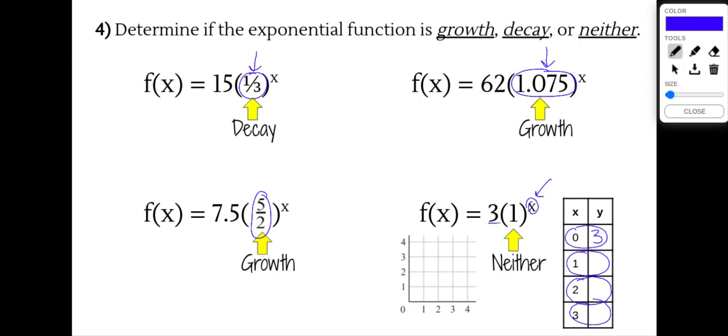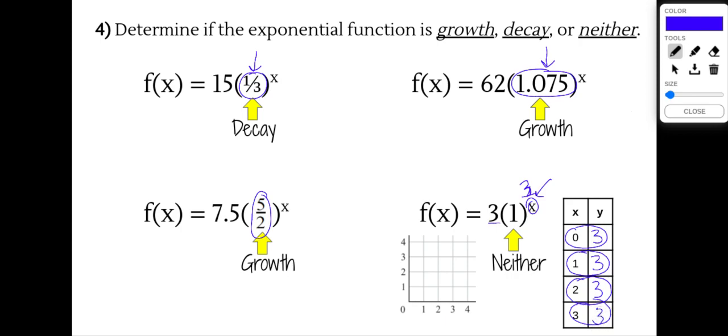If I plug in 1 as the exponent, 1 to the first power is still 1 times 3 is still 3. If I plug in 2 as the exponent, 1 to the second power is still 1, and when you multiply it by 3, you get 3. And if I plug in 3 as the exponent, 1 to the third power is still 1, and when you multiply it by 3, you get 3.